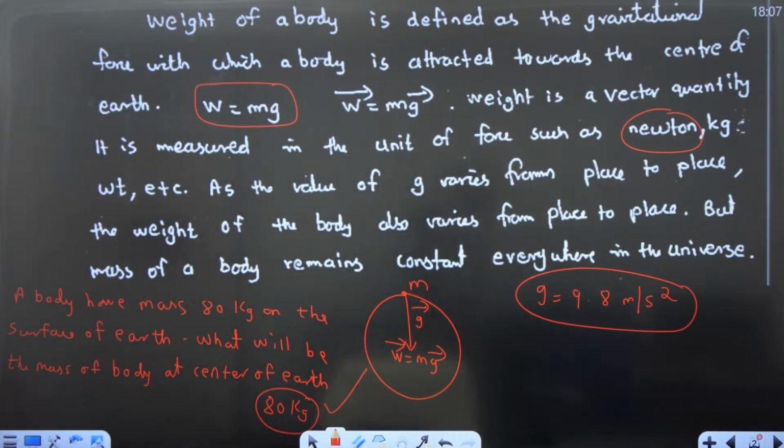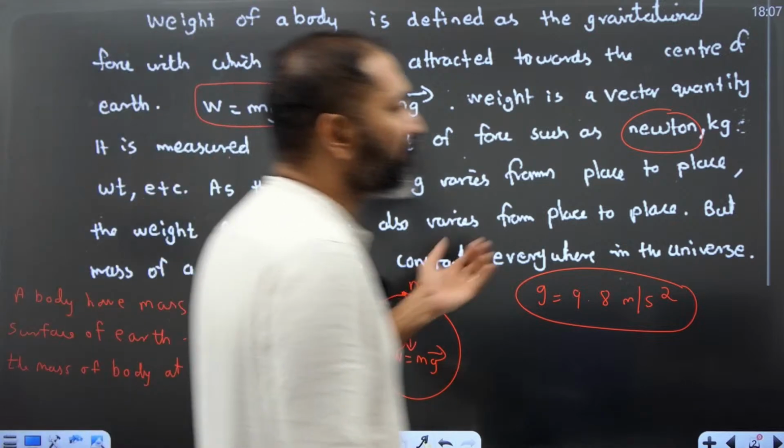What varies from place to place? Weight. Why does weight vary? Because weight equals mass into gravity. Since gravity varies from place to place, weight also varies from place to place.